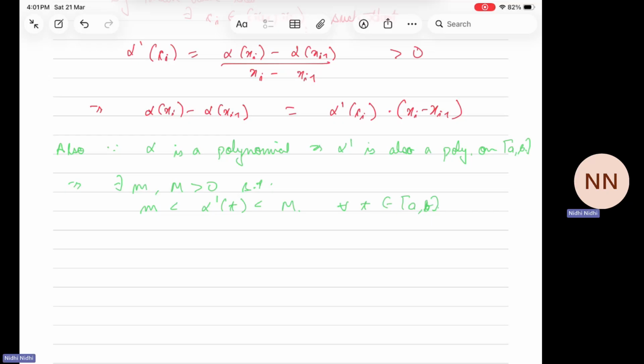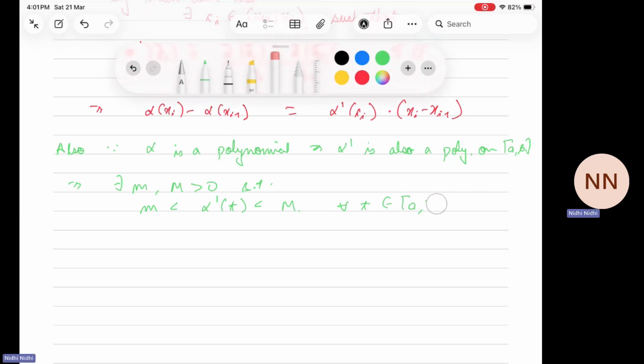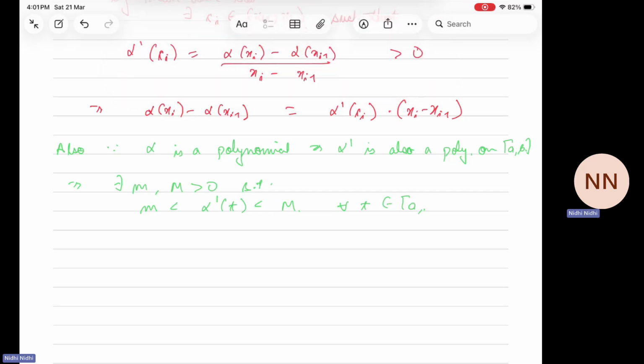That means its derivative will always be strictly positive. So we can always find a lower bound, which will be strictly positive because alpha is not constant. If this lower bound is exactly equal to 0, it would have a critical point in between, because if it had, then we could not say that this is increasing in the whole closed interval AB. So it must be strictly greater than some positive real small m.